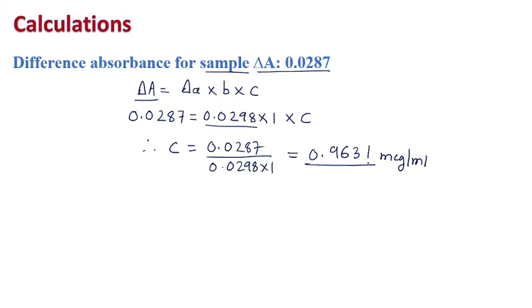Now if you remember, the absorbance of this sample was taken in the final solution, but before that we did so many dilutions. So this is the concentration of paracetamol you found in the final diluted solution which you had taken for recording an absorbance, but we want the concentration of paracetamol in one tablet.